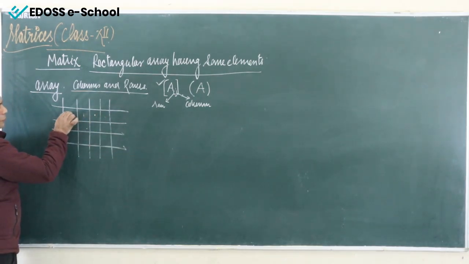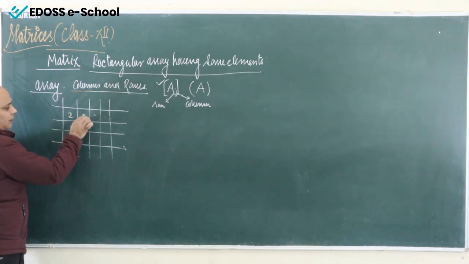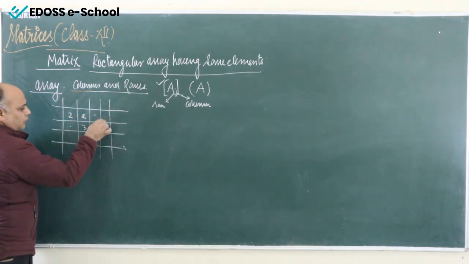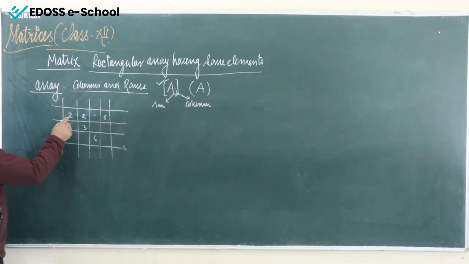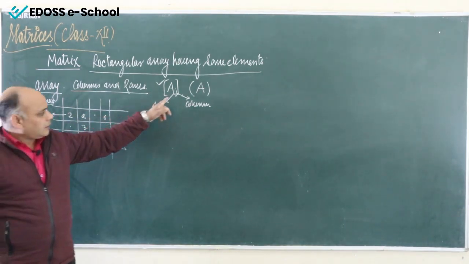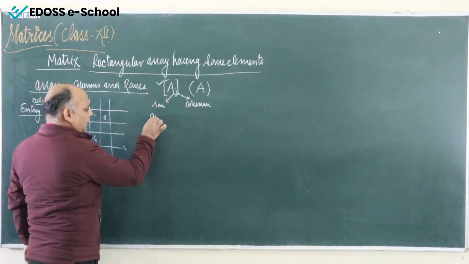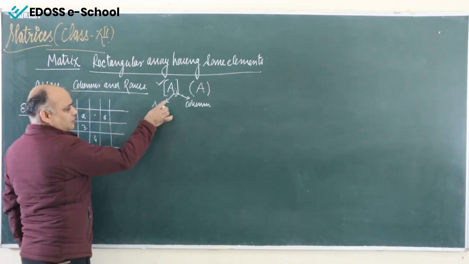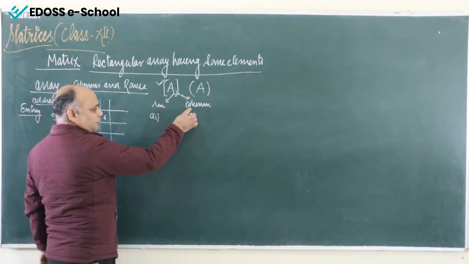If I write here elements 2, A, 3, 4, 6, then these are the entries of a matrix. This is an entry, or you can say the address of a matrix, and this address means Aij, where i means row and j means column.